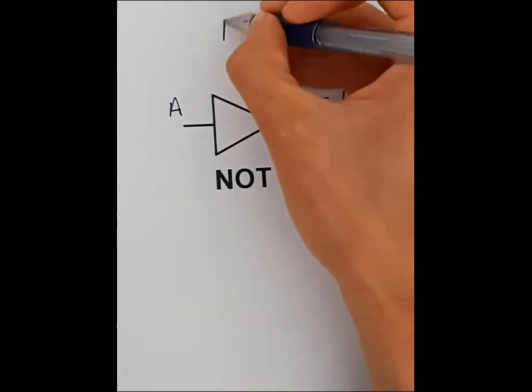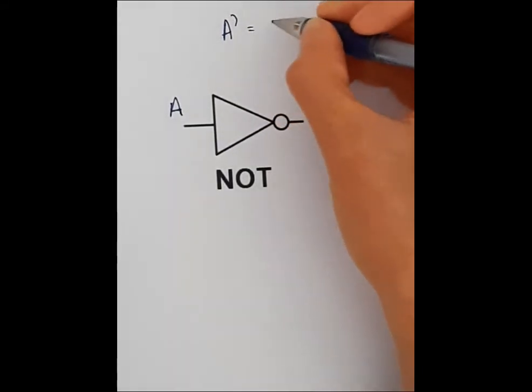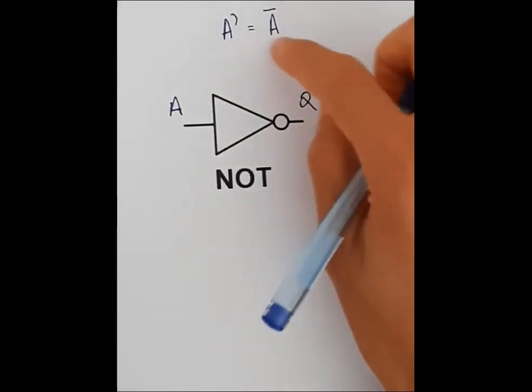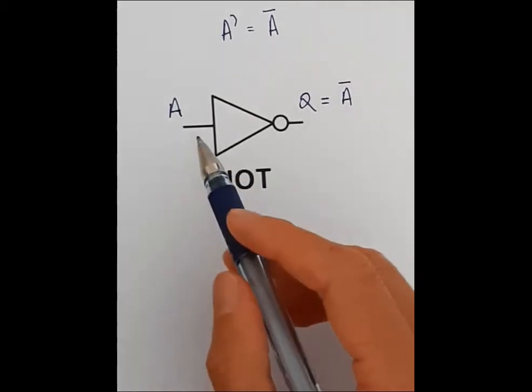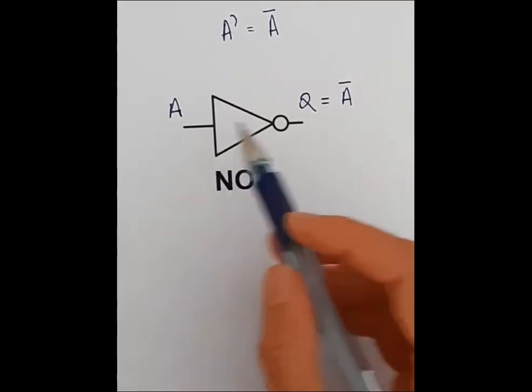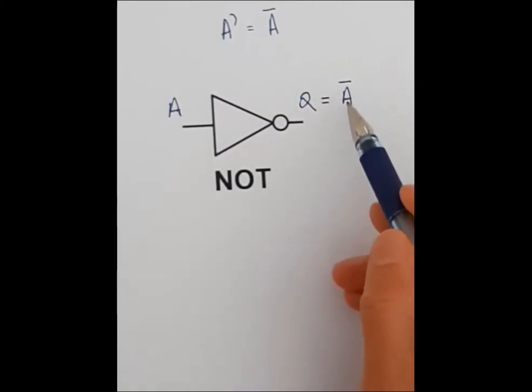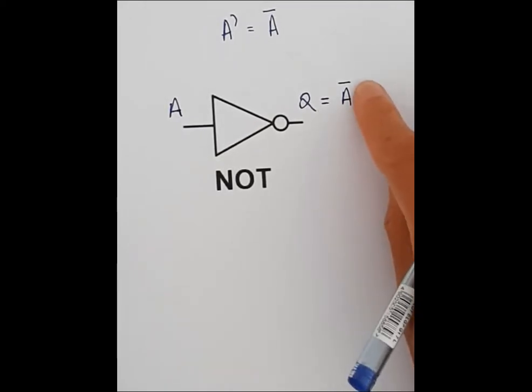Sometimes you see this drawn as A with an apostrophe, but that's exactly the same as A with a line on. And this notation is easier when I introduce one of the rules a little bit later on. But this is your NOT gate, so you've got one input A, and coming out is your output function, which is equal to A with a line above it. And this means not A.